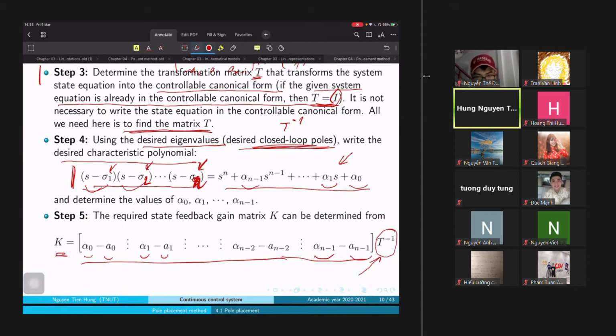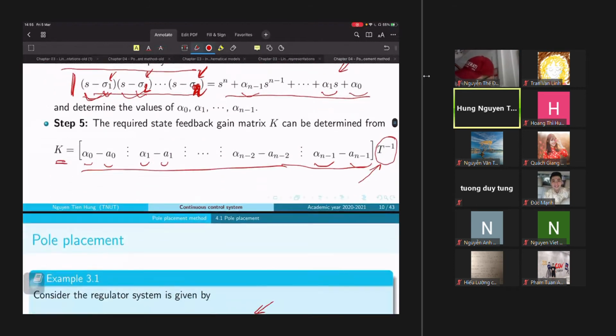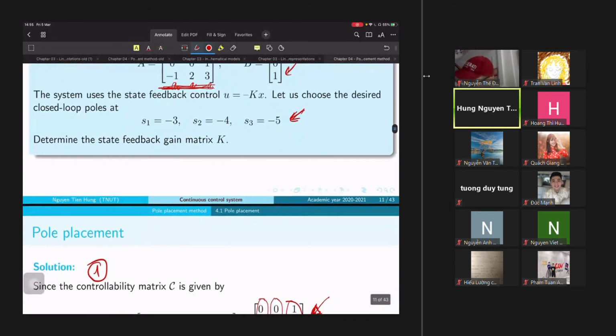So we have S minus sigma 1, S minus sigma 2, up to S minus sigma n. In this case, sigma 1 is minus 3, sigma 2 here, and sigma 3 is here, corresponding to these poles.